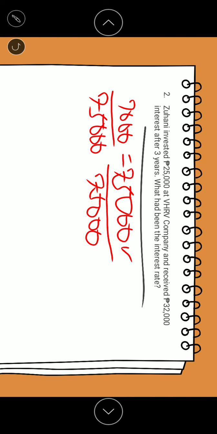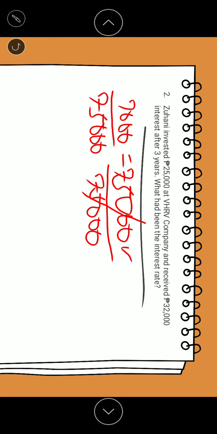Next, we cancel this one since 75,000 divided by 75,000 is 1. So, magiging invisible na rin lang siya. And parehas or sa ibang rason is pareha naman din sila ng value.